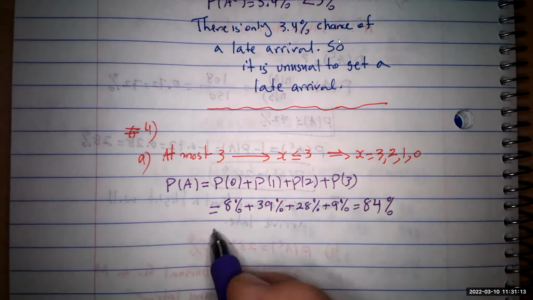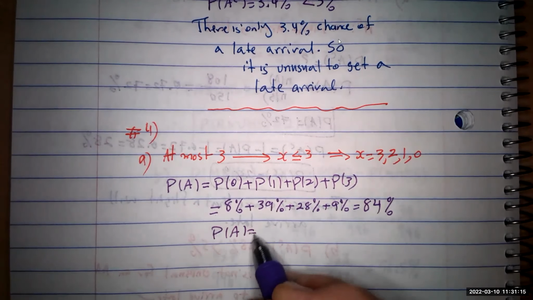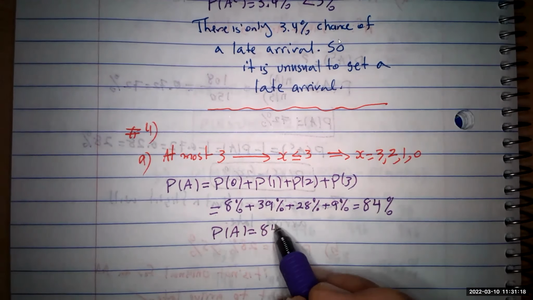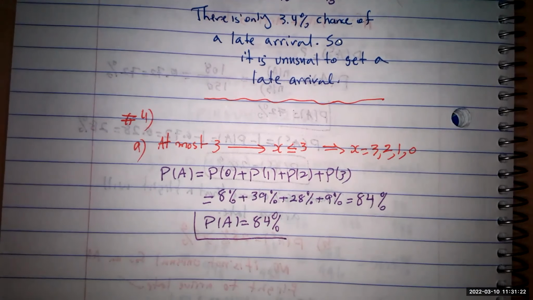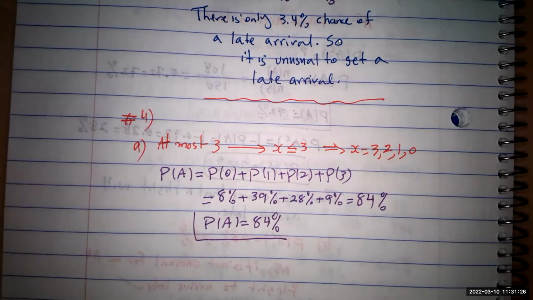Okay, so if you check one household, there is going to be an 84% chance that the household would get at most 3 televisions. Okay, any question? So just make sure you don't miss it. At most means up to 3, done.